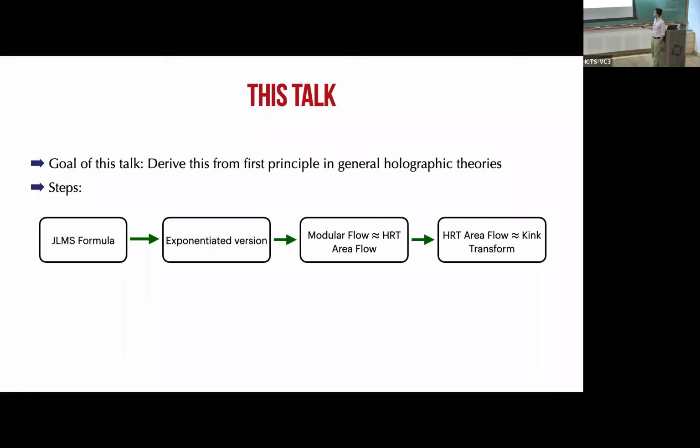And with that, we'll first try to argue that modular flow in certain contexts can be approximated by the flow generated by the area in some approximation in terms of classical phase space. And then separately, we can prove that in the classical phase space, the HRT area flow generates this kink transform. So that's going to complete the loop from starting from the JLMS formula all the way to this kink transform.